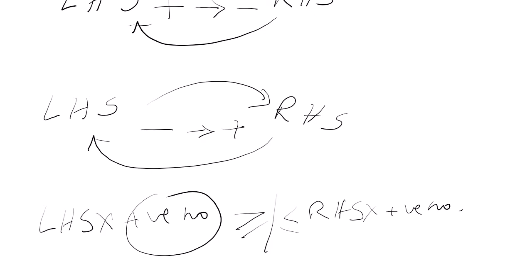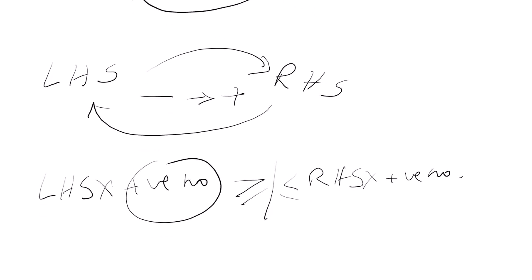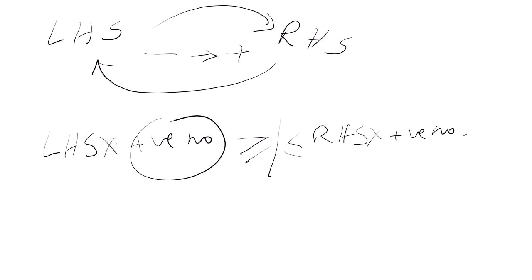Inequality sign gets reversed means if it is less than, it becomes greater than. If it is greater than, it becomes less than. Or less than or equal to becomes greater than or equal to. Greater than or equal to becomes less than or equal to. This rule is not there in simple equations, but only in linear inequation when you are dividing by a negative number. Okay, so then the inequality reverses.